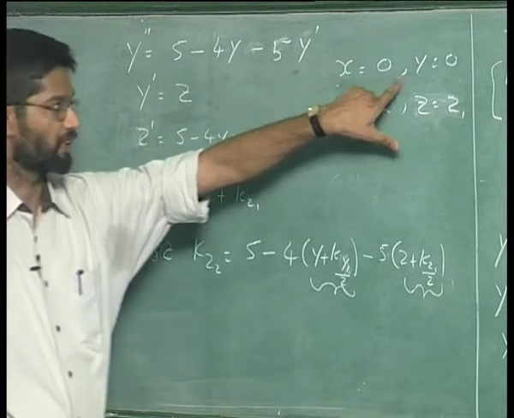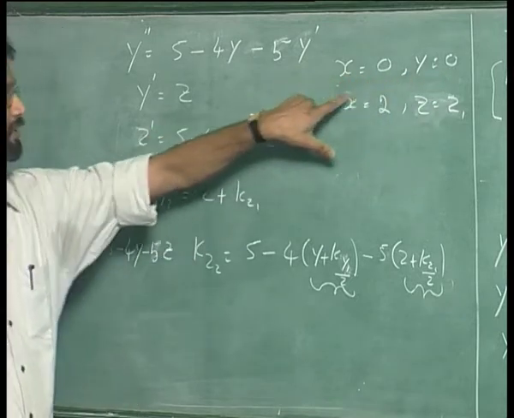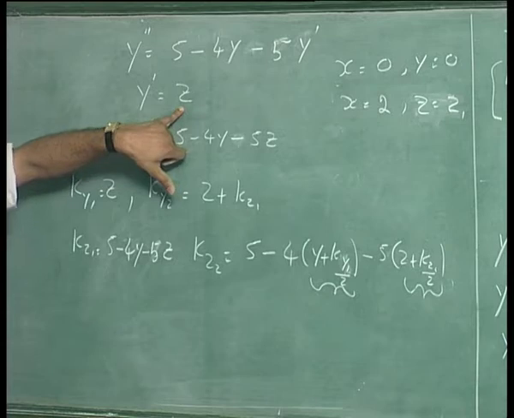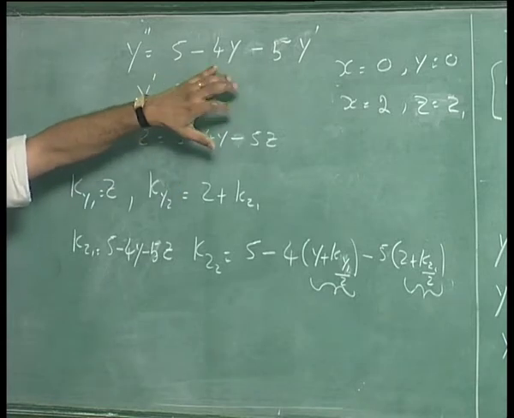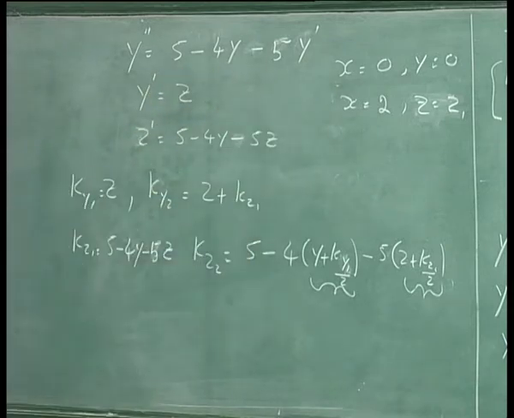We had everything as a function of x alone. So both z, that is y prime, and y in this particular case were functions of x alone, but we could have them as functions of many independent variables. In that case this differential equation would have derivatives with respect to all those independent variables.